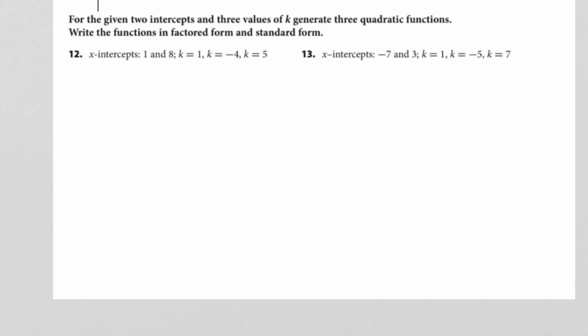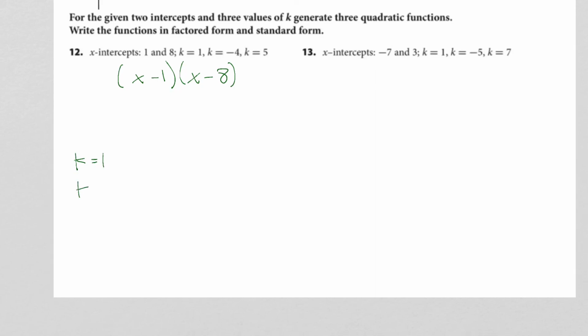So if my x-intercepts are 1 and 8, basically my factors are x minus 1 and x minus 8. And then it wants me to figure this out when k is 1, when k is negative 4, and when k is 5. Well, first off, I have to figure out what these 2 things multiplied together equal.